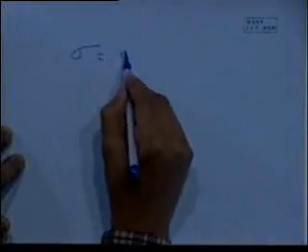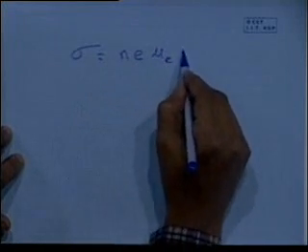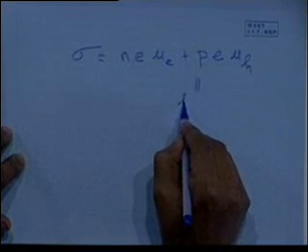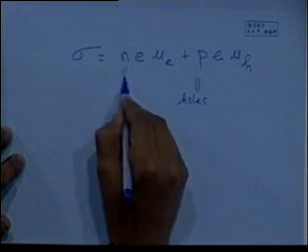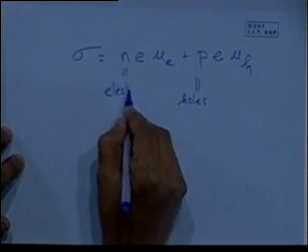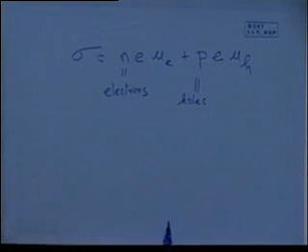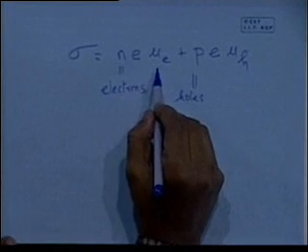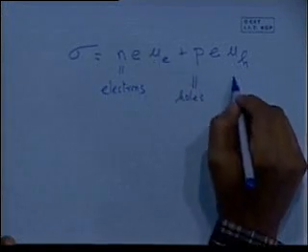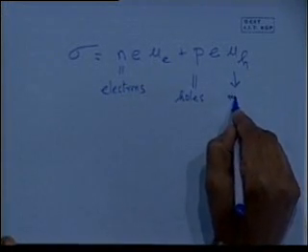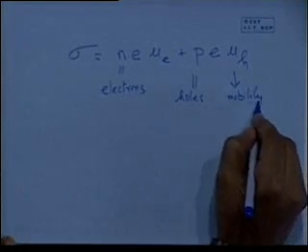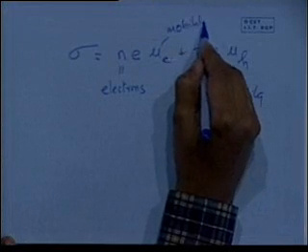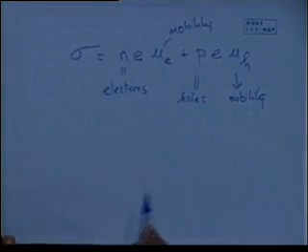Sigma is equal to N e mu_e plus P e mu_h, where P is the hole concentration and N is the number of electrons, because both now contribute to the conduction. Whereas previously we had sigma equal to n e mu, only worrying about electrons, now I have to take into account the hole mobility, and that's the electron mobility as before, and the number of holes that are created.